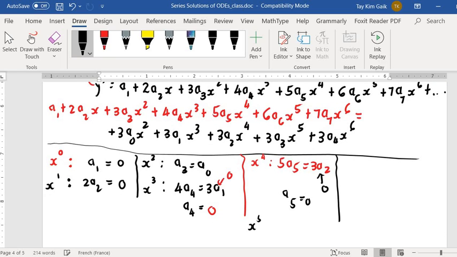X power 5. Let's see the pattern: 0, 0, a naught. So 0, 0, a5 you should have the coefficient. 6a6 equal to 3a3.